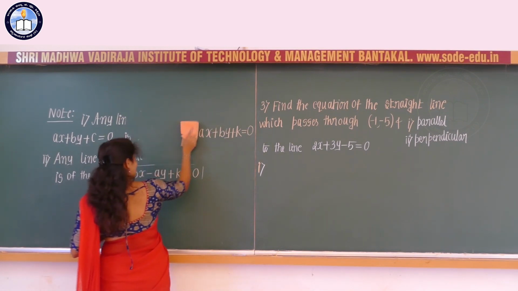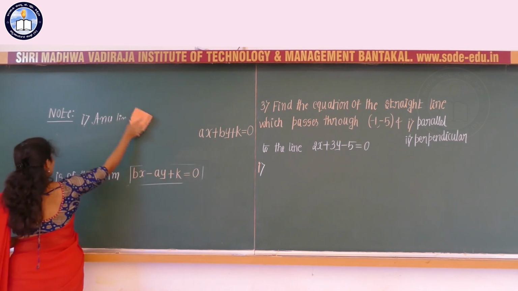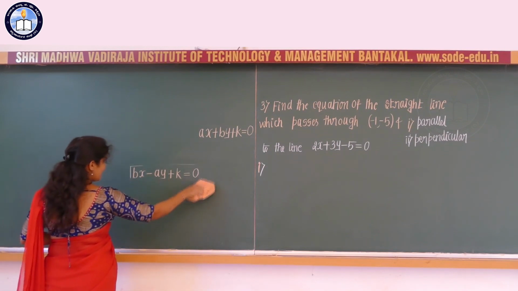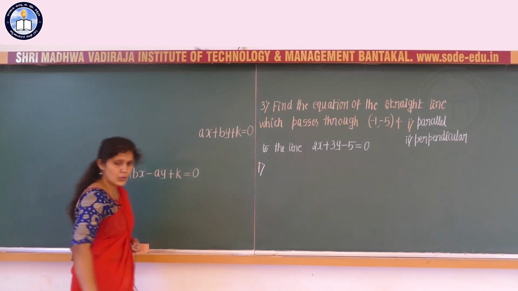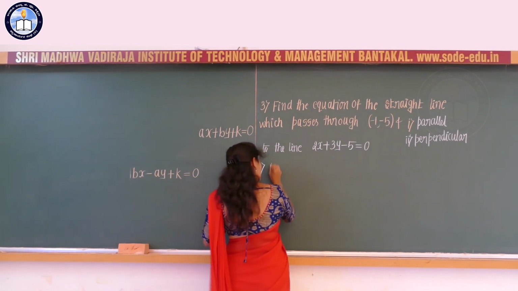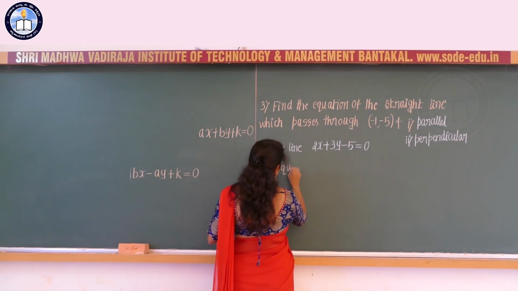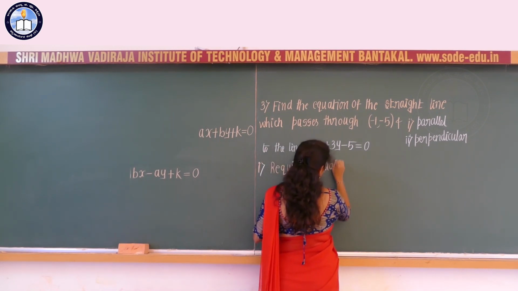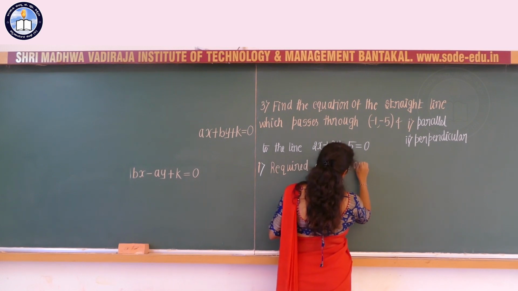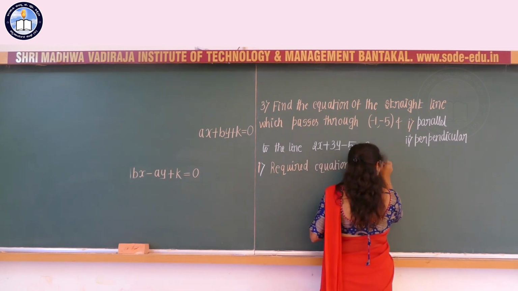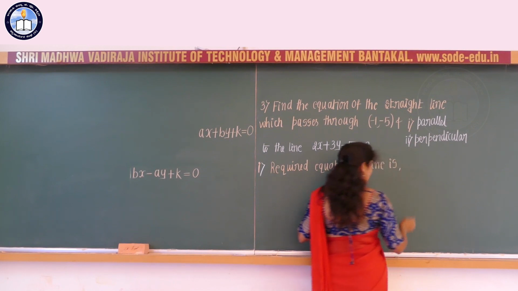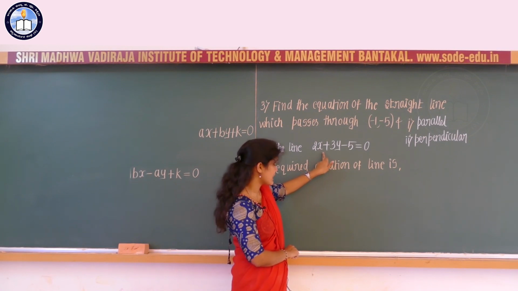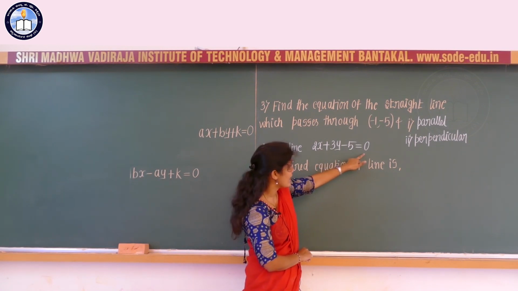So I can write the required equation of the line, which is parallel to the given line. The given line is 2x plus 3y minus 5 equal to 0.